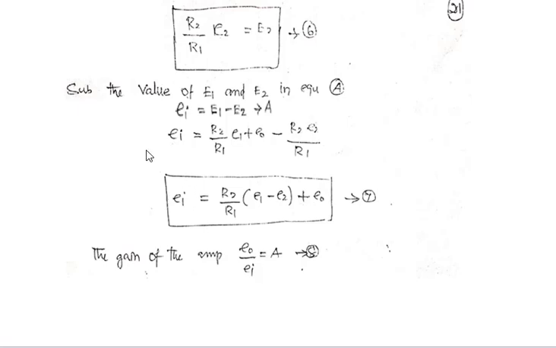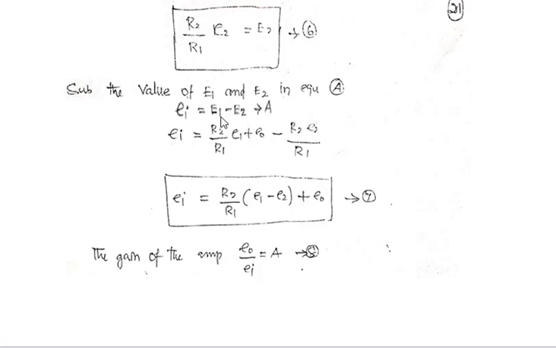Now we know the first equation, A: input voltage small ei is equal to capital E1 minus capital E2. Already we have derived capital E1 and capital E2.